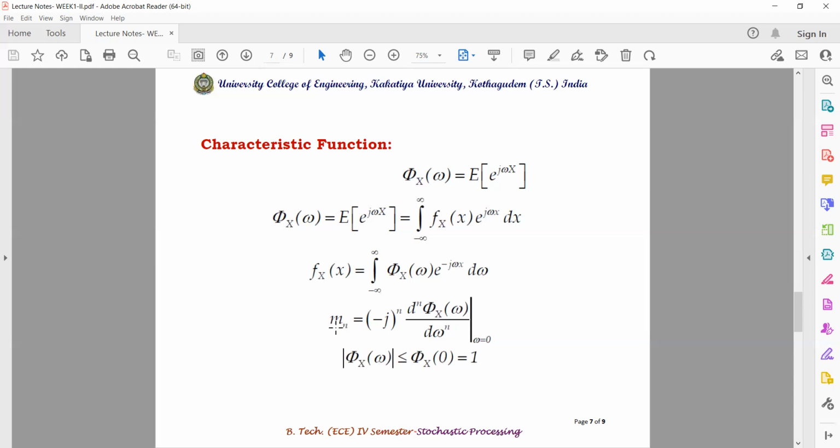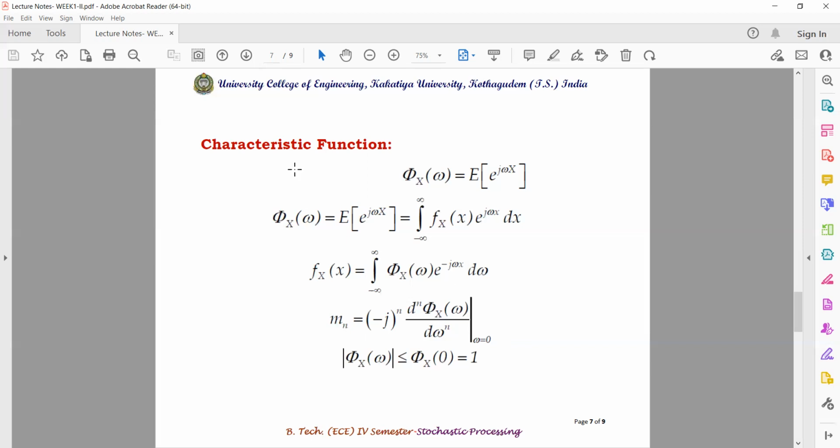The formula is m suffix n is equal to minus j whole power n times the nth derivative of phi x of omega by d omega power n, at omega is equal to 0. So moments can be generated from the characteristic function.